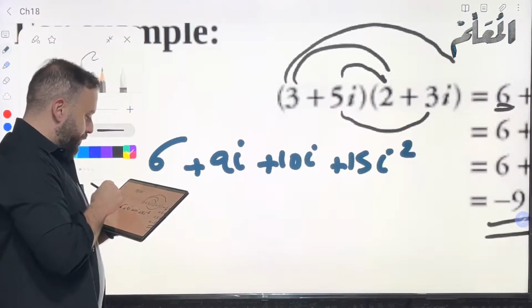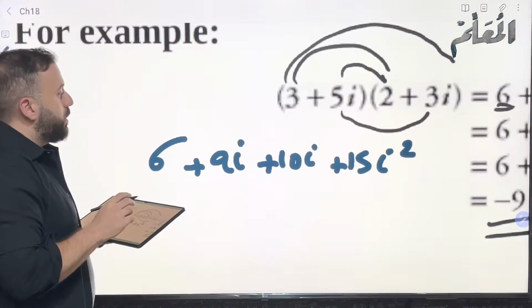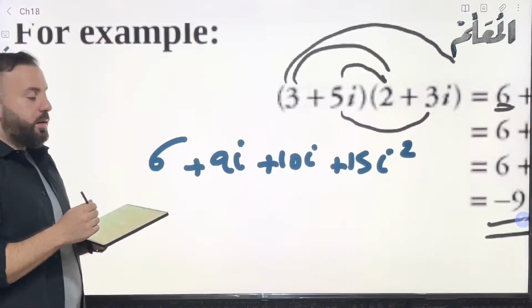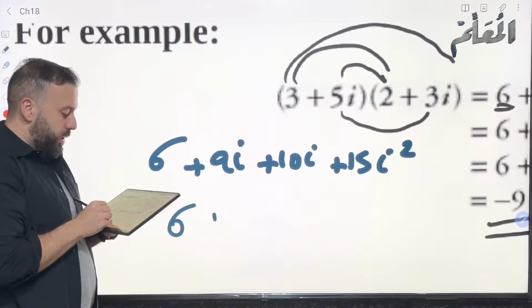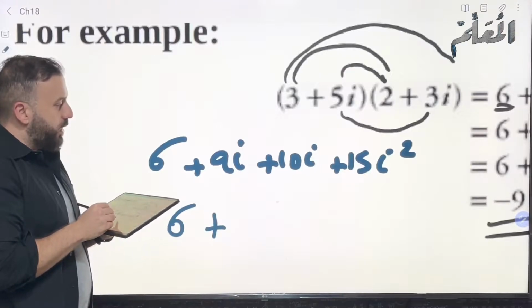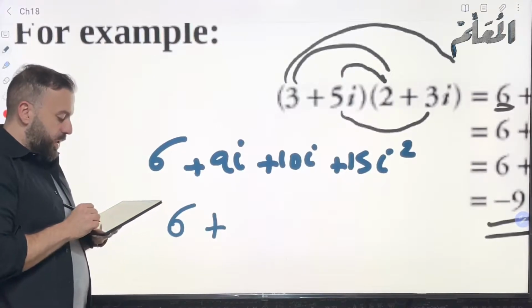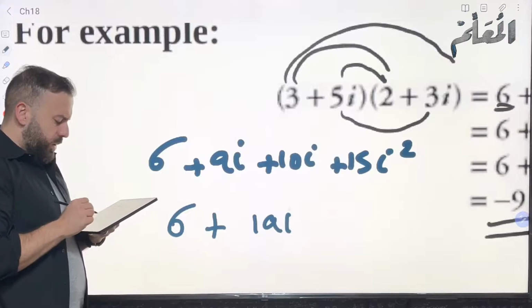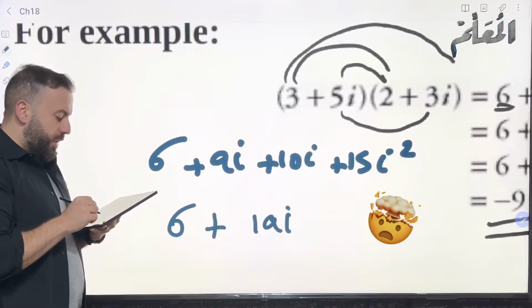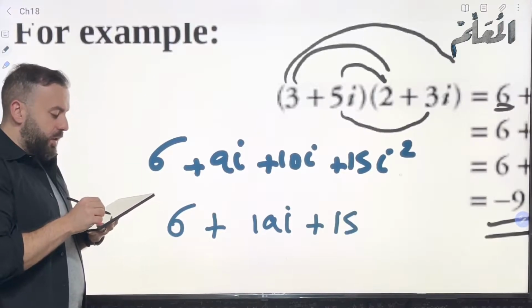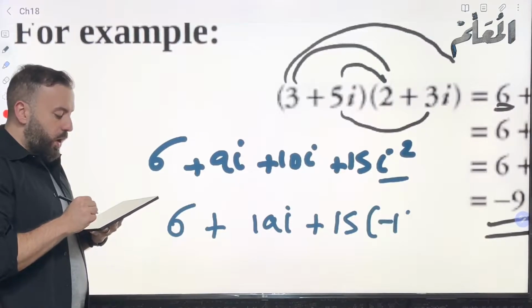Now add up: 9i plus 10i is 19i, and plus 15 i squared. The i squared is negative 1. Why?